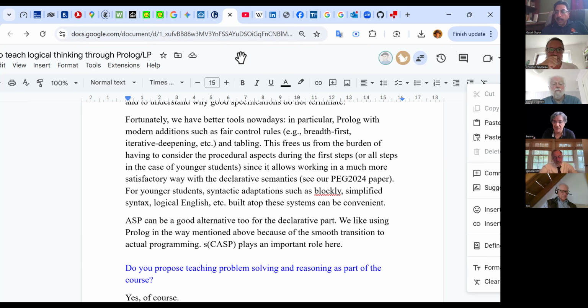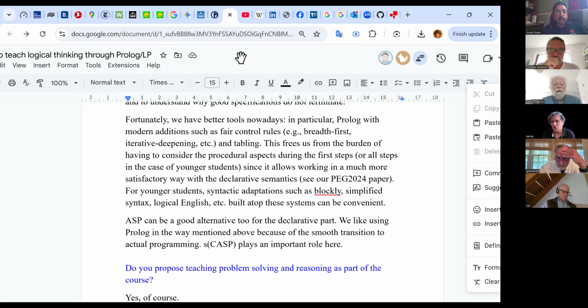Now, having said this, I think these systems are very appropriate if you can have a Prolog with tabling and fair control rule and so on. Now, for younger students, of course, you need a little bit more. You may need syntactic adaptations, Blockly, simplified syntax, Logical English built on top of that.